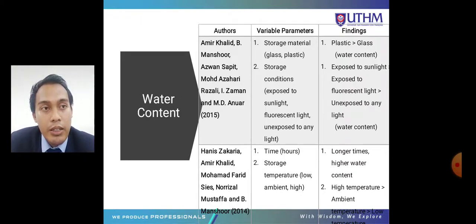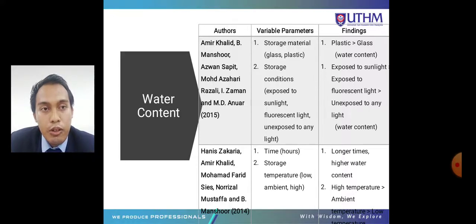Whereas in terms of exposure to light, samples that are unexposed to any form of light have the lowest water content compared to samples stored under exposure to sunlight or fluorescent light.